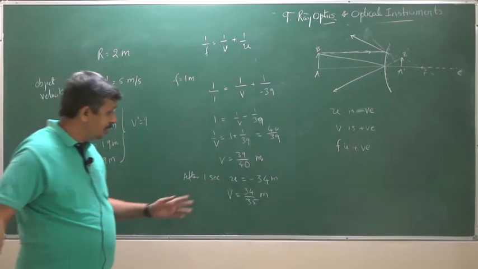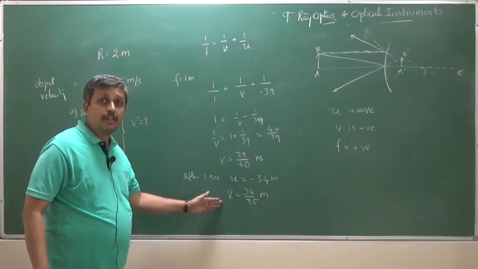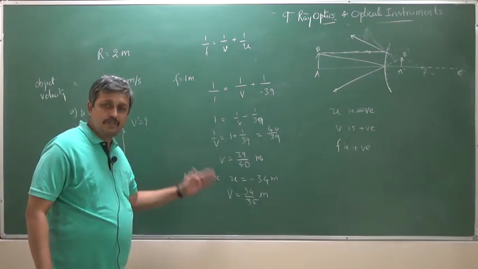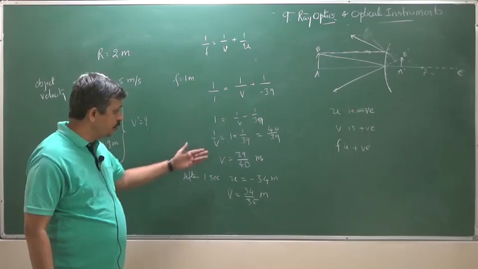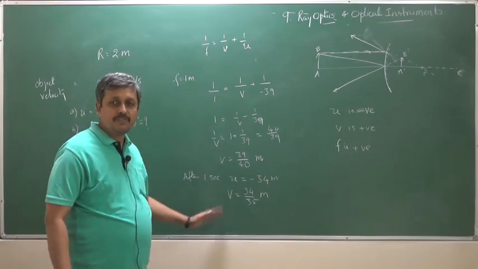So what is the change in v? That means v here is nothing but the image position. Image position has moved from 39 by 40 to 34 by 35.